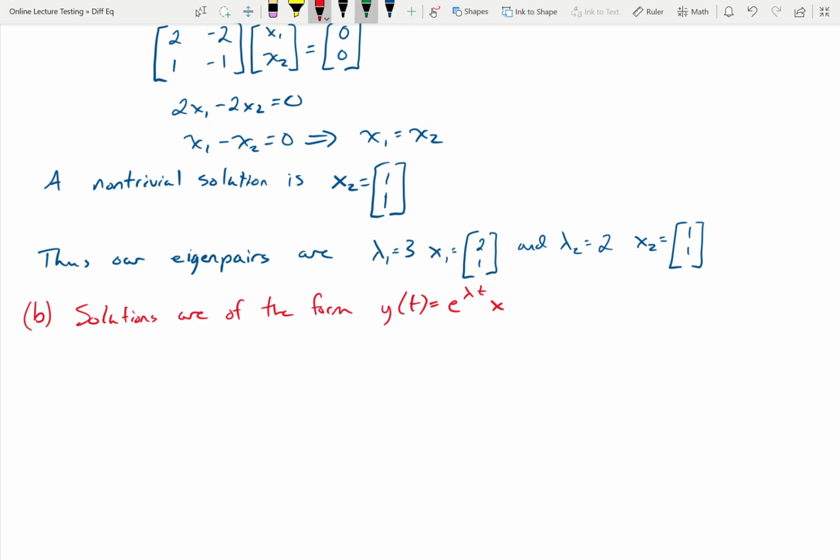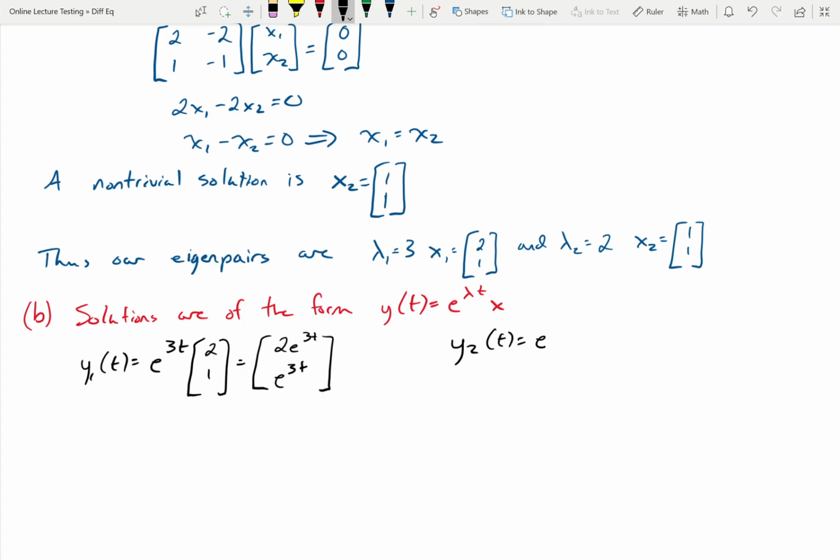All right. So y1 of t is equal to e to the 3t times its eigenvector, which is 2, 1. So therefore, y1 is equal to the vector function 2e to the 3t, e to the 3t. And y2 of t is equal to e to the 2t times the eigenvector of 1, 1, giving us the vector function e to the 2t, e to the 2t.